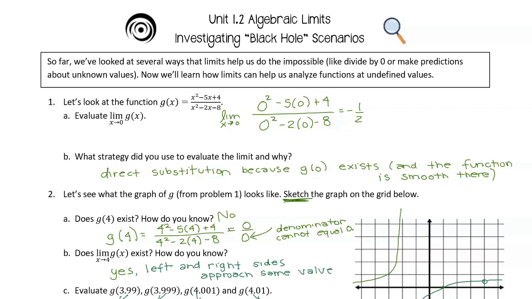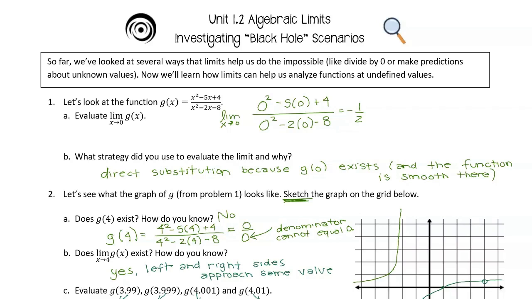I hope you were able to take some time just to investigate and experience these problems, so now we can talk about them. All right, we will go through them now, adding some math notation. The first problem gives us a function g of x and says to evaluate the limit as x approaches 0. Now for this one, we could just go ahead and plug 0 right into that equation.